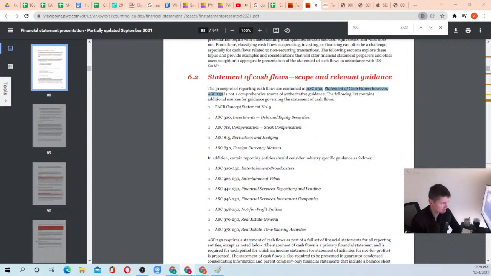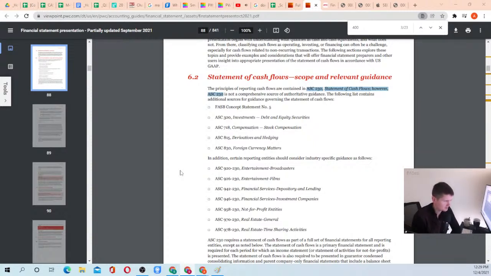You can use the direct method to show that, or you can use the indirect method. If you have non-cash items, you need to show some reconciliations.